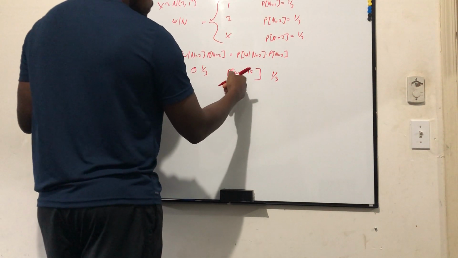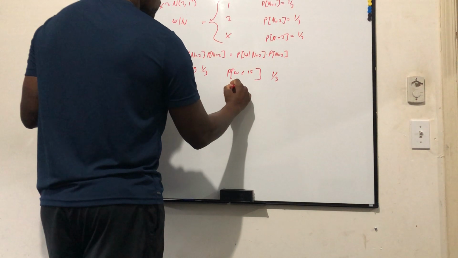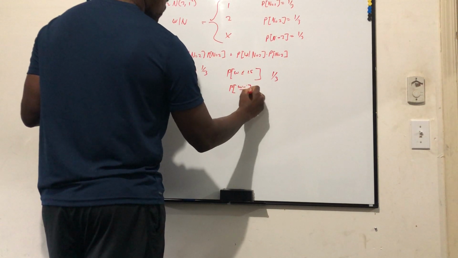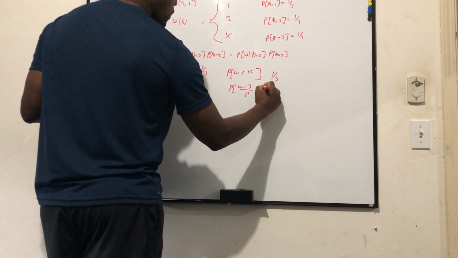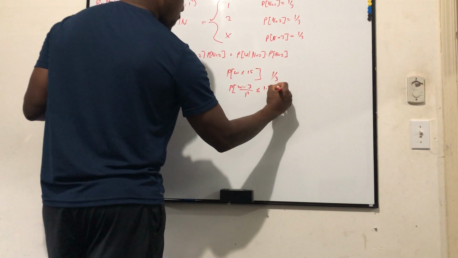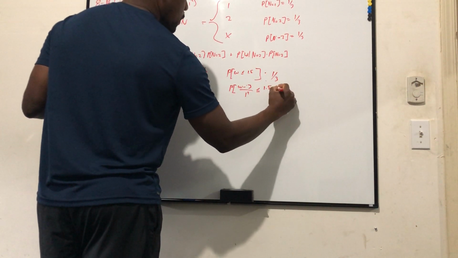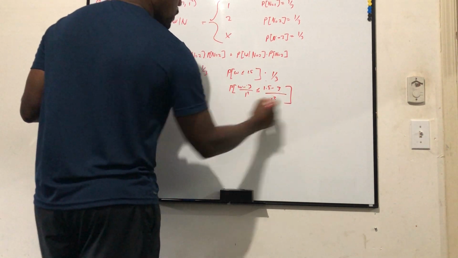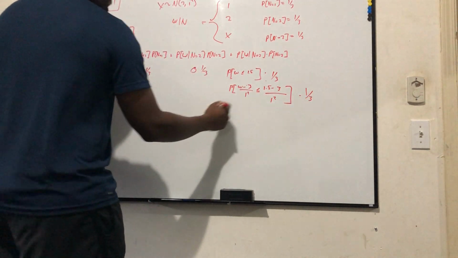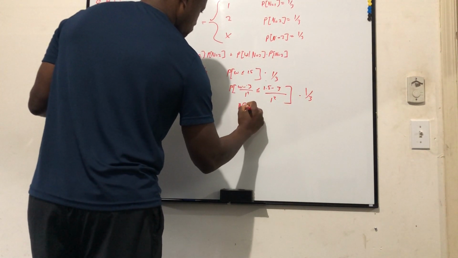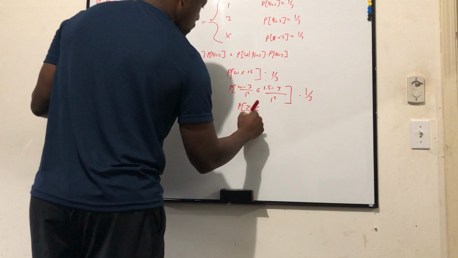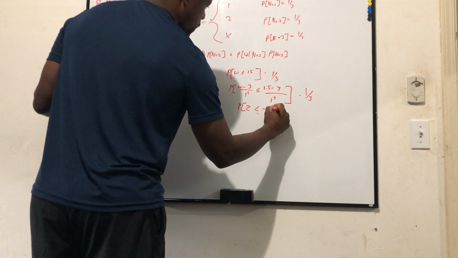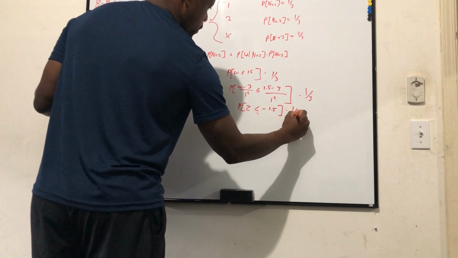Now, X is normal, so let's just go ahead and use that. We standardize it: 1.5 minus 3, divided by 1, times 1/3. Well, this is the probability that the z-score is less than negative 1.5, times 1/3.